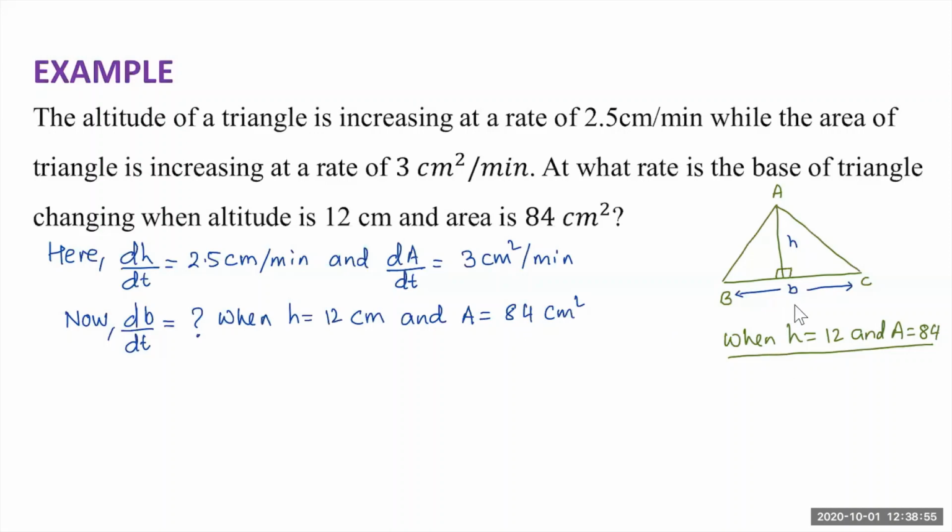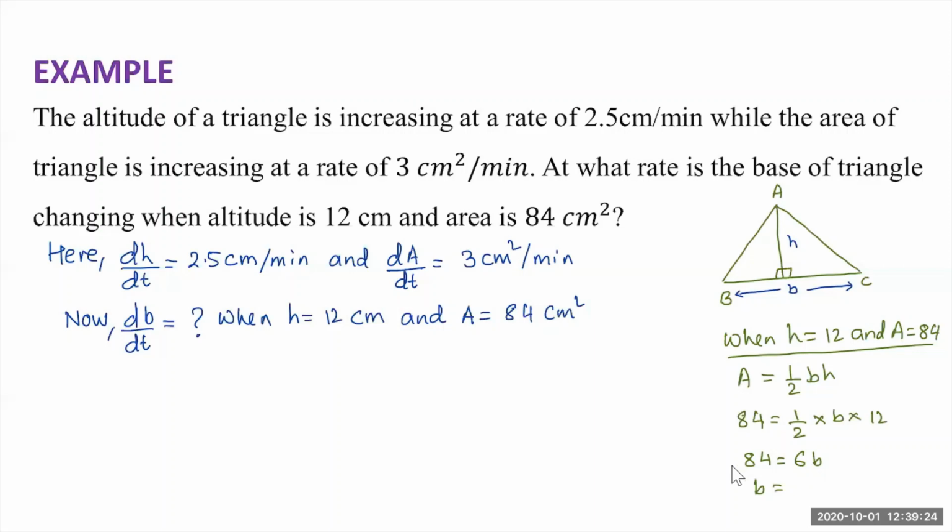For that, what we know is the area of a triangle is half base times height. Area is 84, that is given to you. Half multiplied by the base, which I don't know, but the height is given as 12. So 84 is equal to half of 12, which is 6, so 6b.